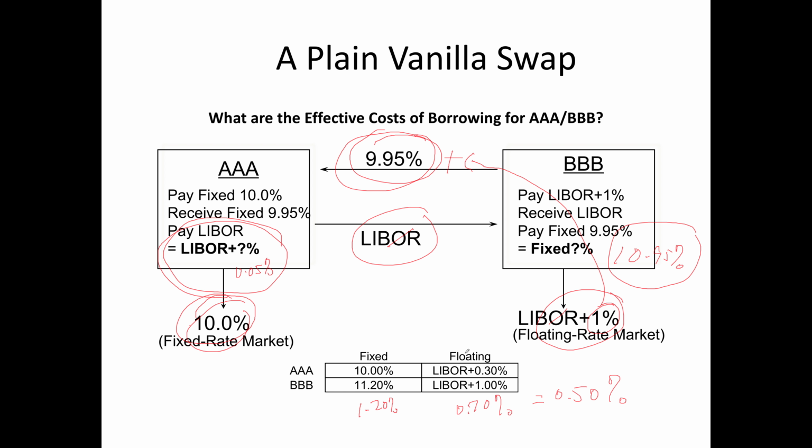The variable loan for AAA is LIBOR plus 0.30. The effective swap deal lets AAA borrow at LIBOR plus 0.05. So the savings for AAA is 0.25.